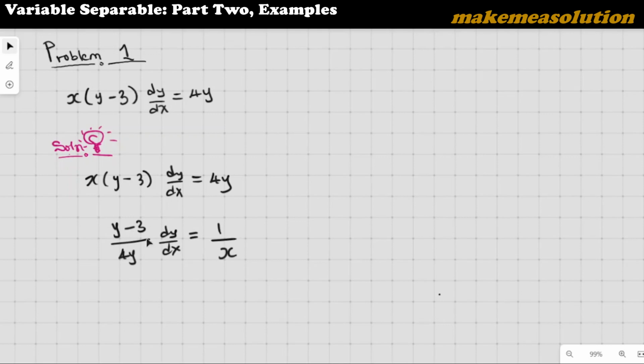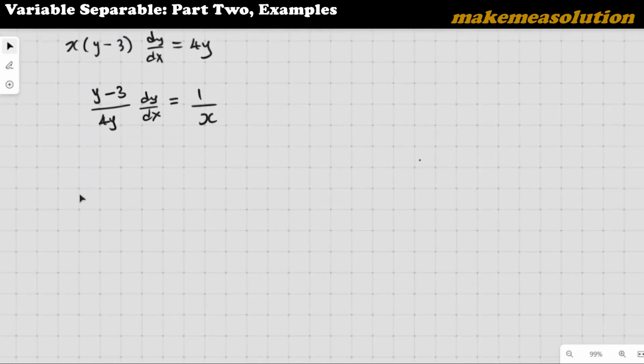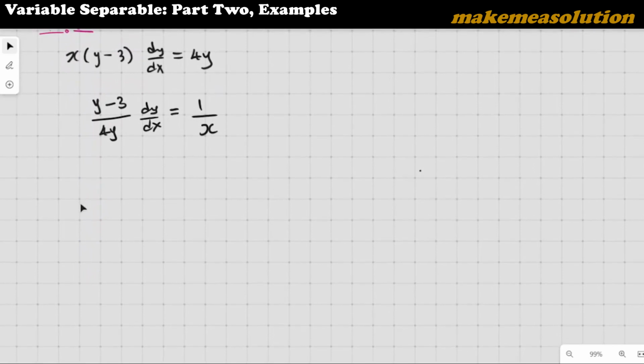So we just separated the variables, took everything about y to the left hand side, and everything about x to the right hand side. Is that okay?